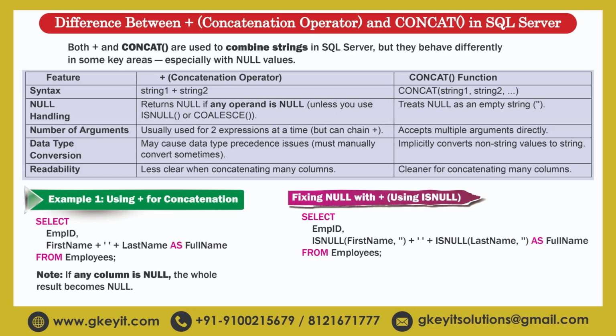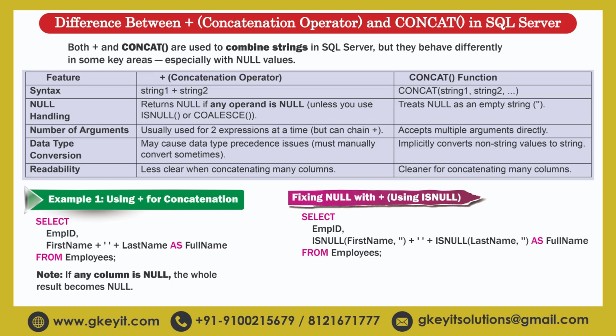Coming to the next feature, number of arguments: the operator is usually used for two expressions at a time, but can be chained in different places. That means we can use string 1 plus string 2 first, and then concatenate that with other strings. The concat function accepts multiple arguments directly.